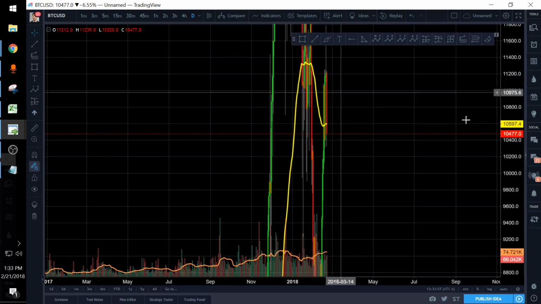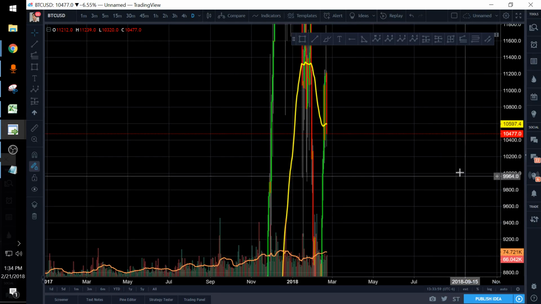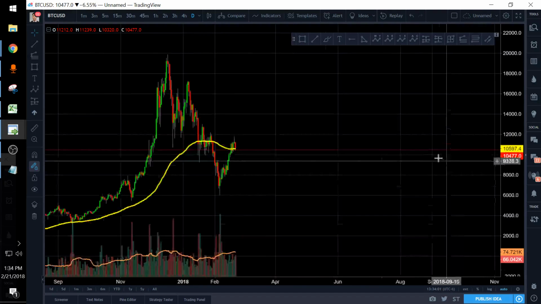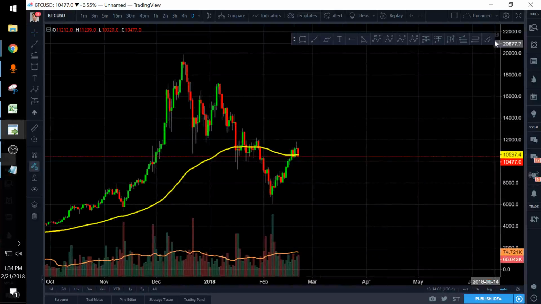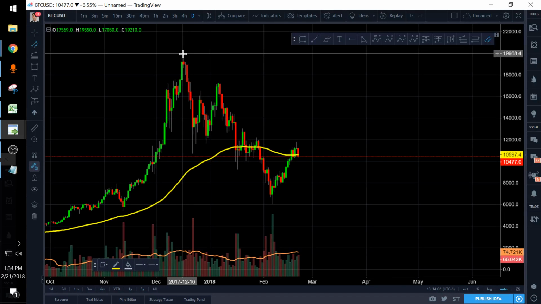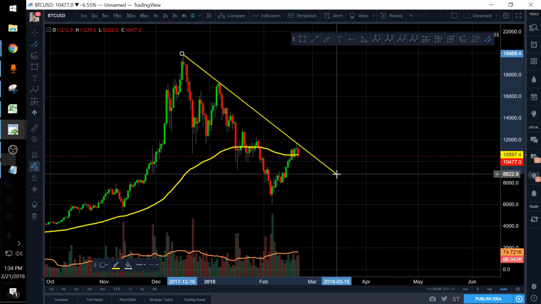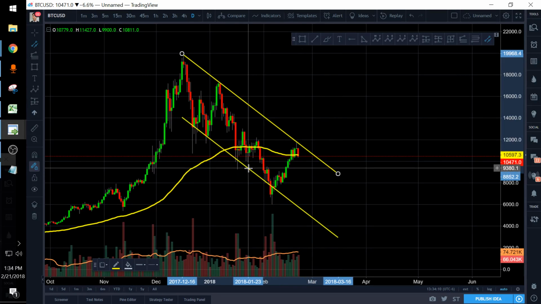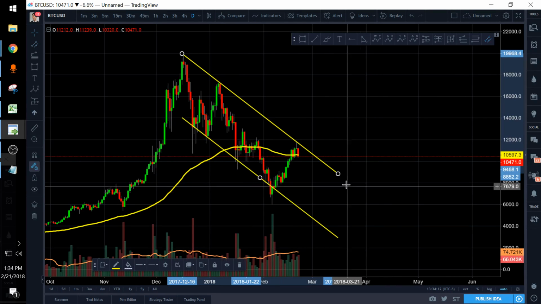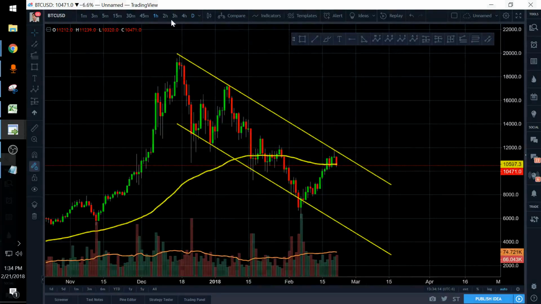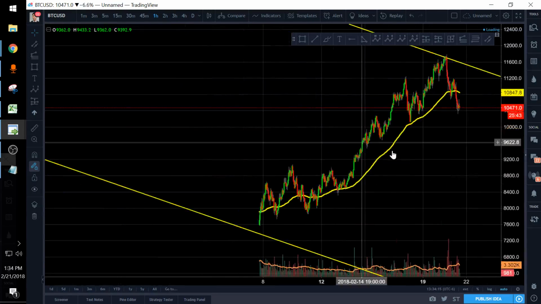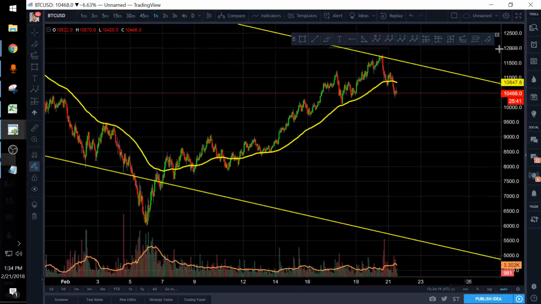Let me draw this in here again, actually, just to make it really easy. That's decent enough. 1 hour chart, yeah, that's fine too, 1 hour chart.